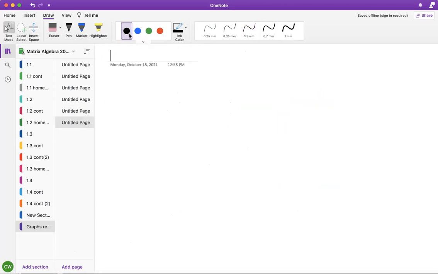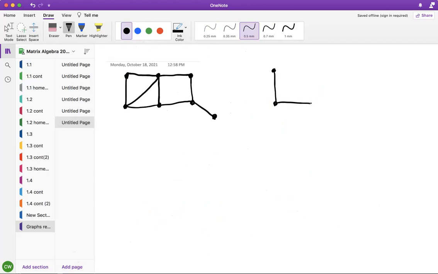Thinking more about isomorphic graphs, let's think about when graphs are not isomorphic and how we could tell. So I'm going to construct 2 graphs, and we can see whether or not they are isomorphic.